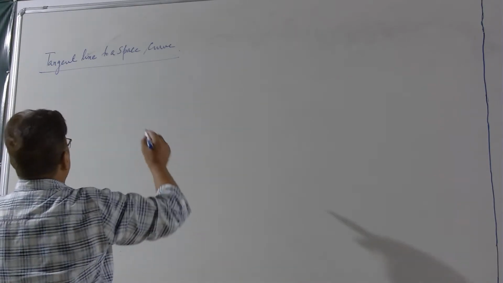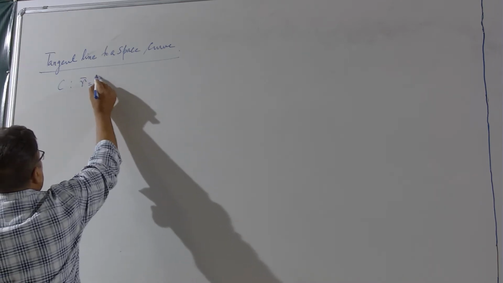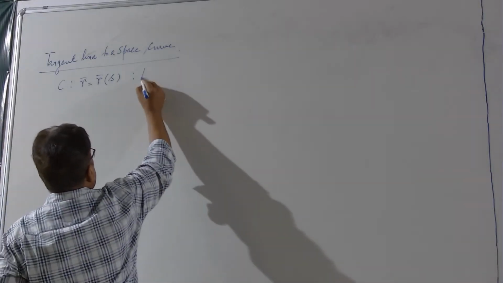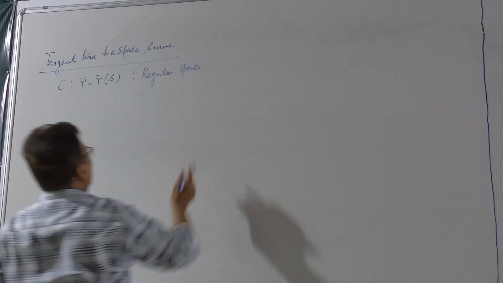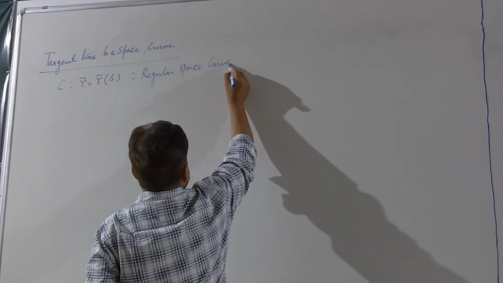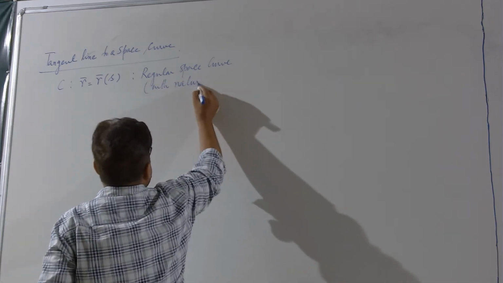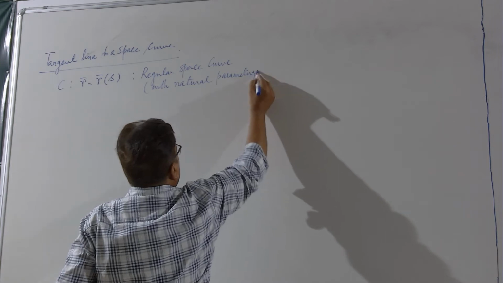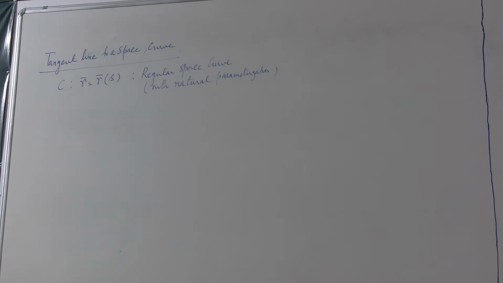Suppose let us start with the curve C given in natural parameterization r equal to r(s). This is a regular space curve. When I say regular, I mean regular of certain order n, a regular space curve with natural parameterization. The natural parameter is s, as you can see.